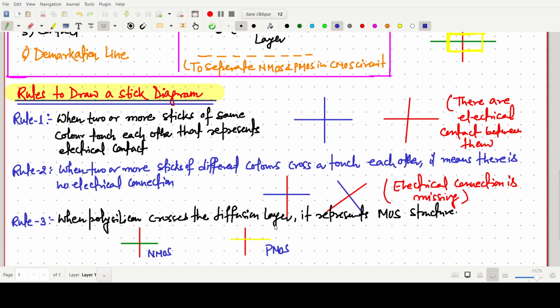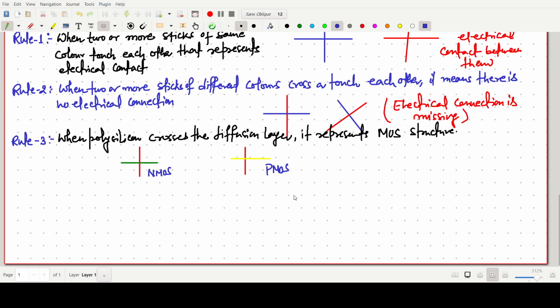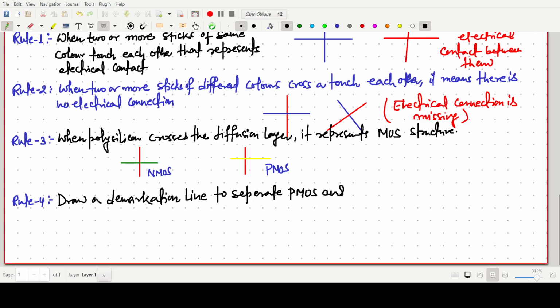Now rule number four. In rule number four, draw a demarcation line to separate PMOS and NMOS. They are very simple, four rules are there.